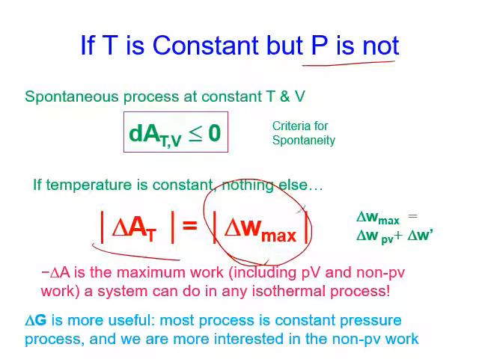This total work includes the electrical work, biological work, and the work due to the volume change. Because the work due to the volume change is usually not very useful, we are more interested in the non-PV work, and therefore delta G is more useful because it represents the maximum non-PV work, and we're going to focus on the Gibbs energy change.